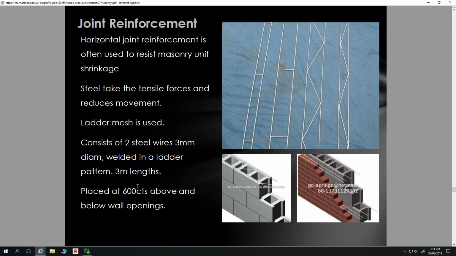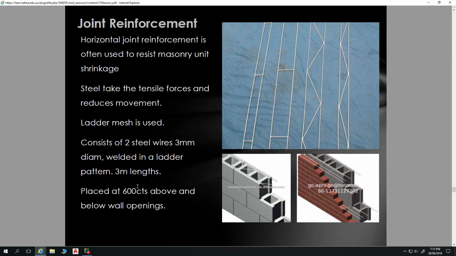With your cavity block work, you also have horizontal reinforcement to help control shrinkage of the walls. I mentioned before the place at Murray Bridge that had concrete bricks, small bricks made of concrete that weren't fully cured, and when that house was built, with the mortar, everything just shrunk and opened up those control joints.